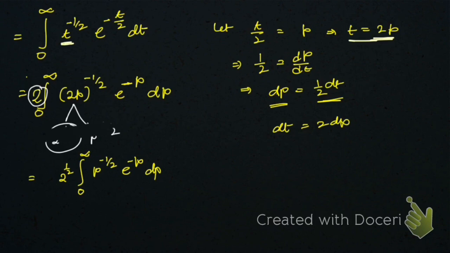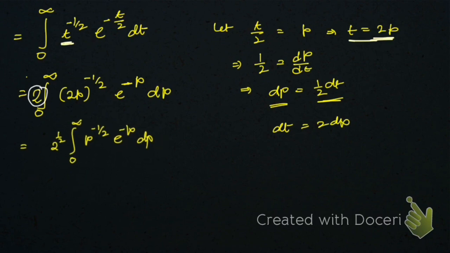So now let me clean these things, just wait. Okay, now let me do a little bit of adjustment. So here we had 0 to infinity, there was 2, right? Okay, this is 2, 0 to infinity.